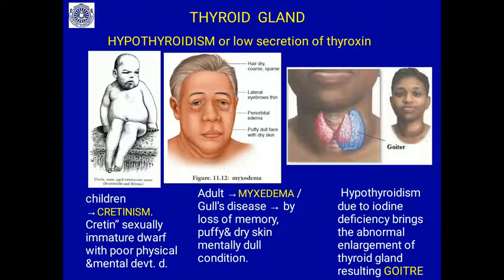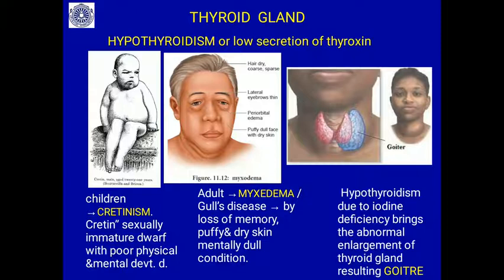So what happens when there is hypothyroidism? It is a common phenomenon nowadays. Many of you may have family members suffering from it. Hypothyroidism is a decreased secretion of thyroxine.